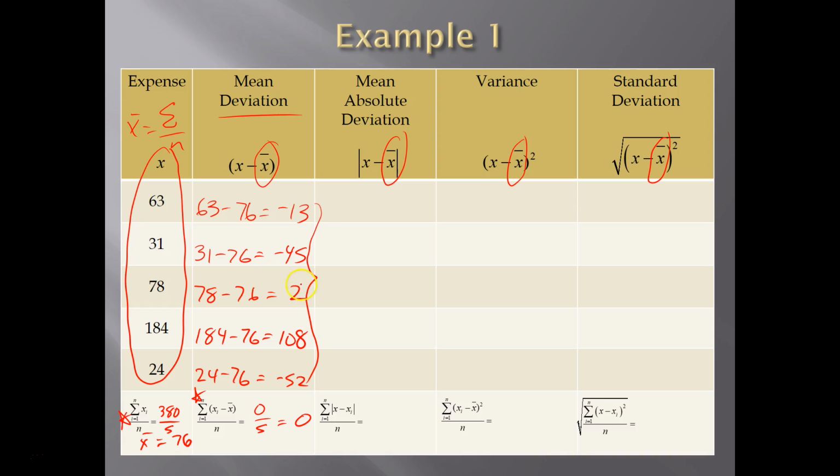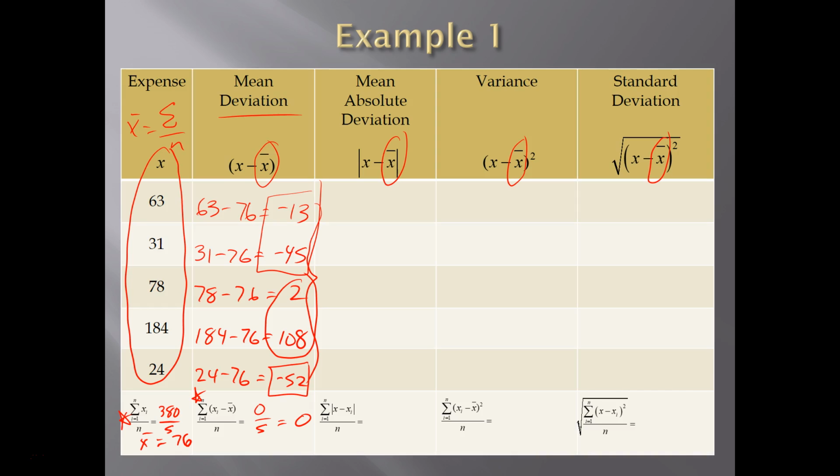Look, if I take the positives, 2 and 108, I add those together, that's positive 110. Now if I take the negatives, negative 13, negative 45, and negative 52, if I add those together, I get negative 110.